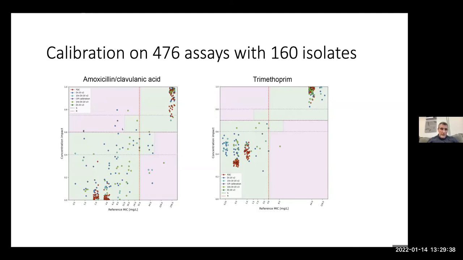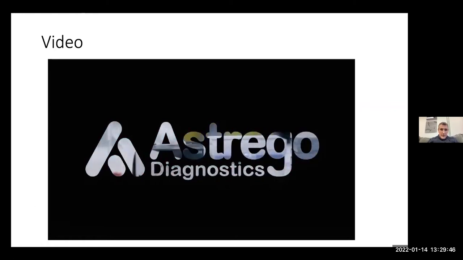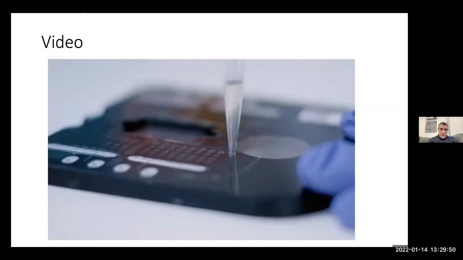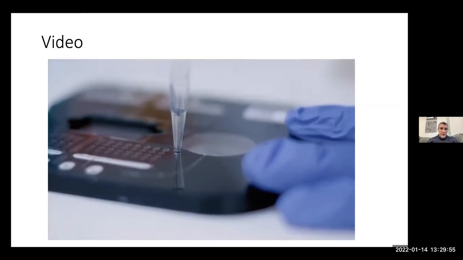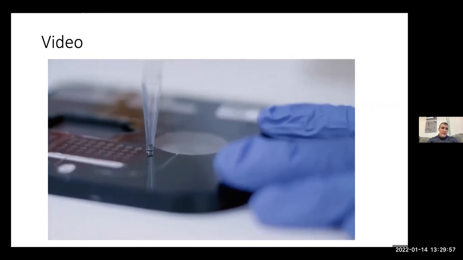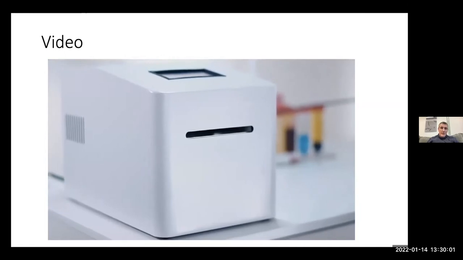Okay, that's that. And I should show you a video that this actually works and how it works. So you load a sample, a fresh urine sample, into the cartridge. You have the instrument.